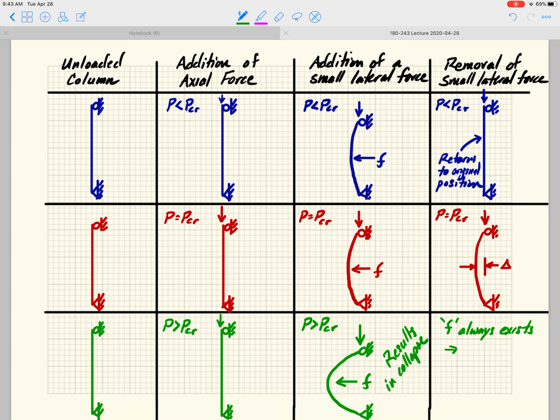So it could be initial out of straightness, or a small eccentric axial force. We do not build our structures perfectly, so the axial force is not going to be right in the middle of the column. And it could also be due to material non-uniformity.